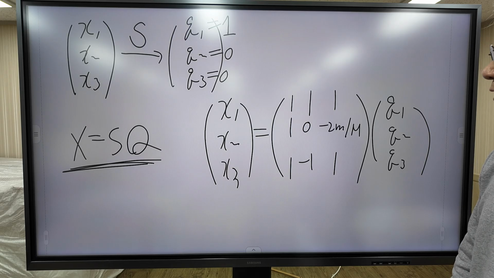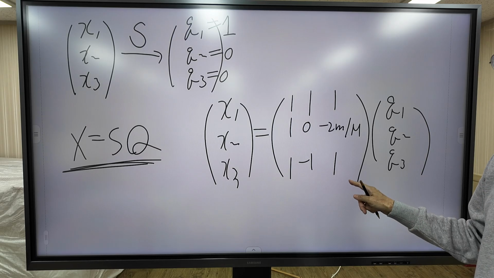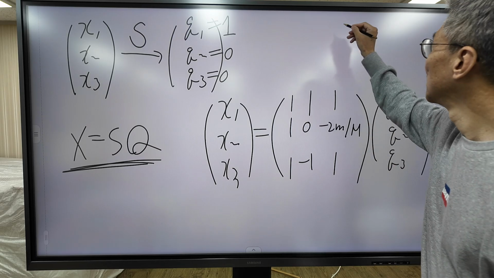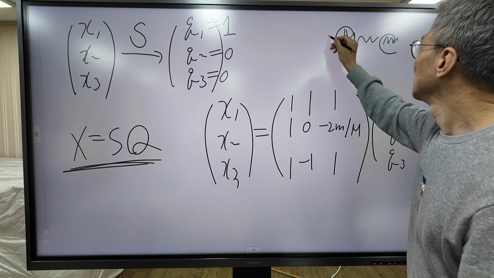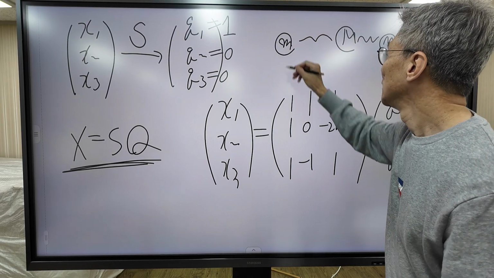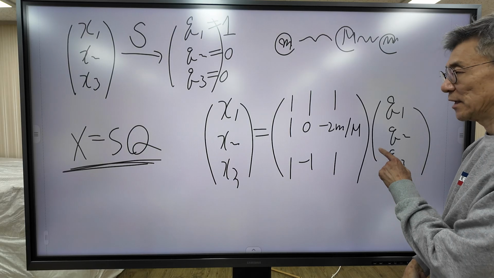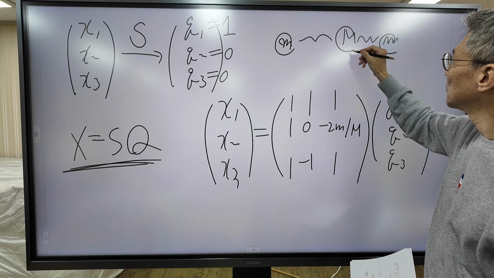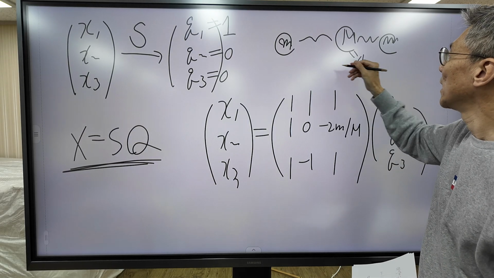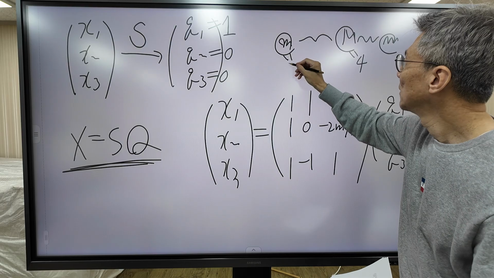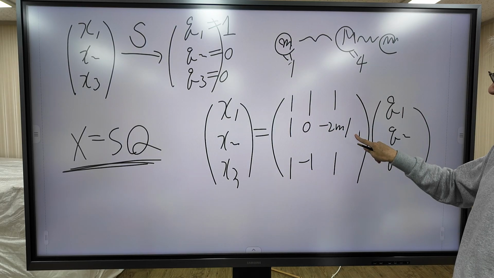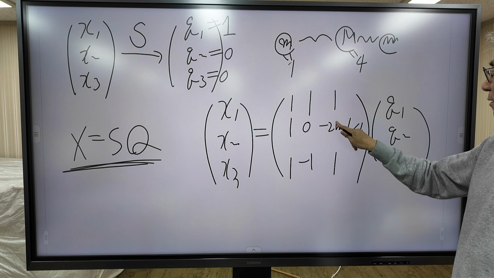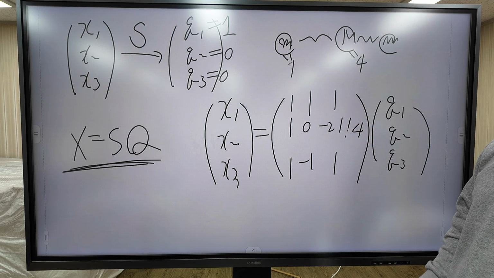And I'm going to give you a concrete example. This was our example. To give you one concrete example, I'm going to set specific values: large M equals 4, small m equals 1. So this is 4, this equals 1.